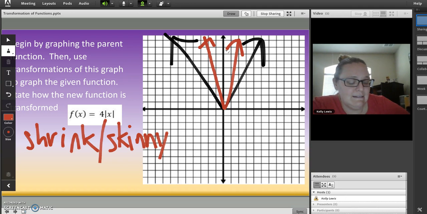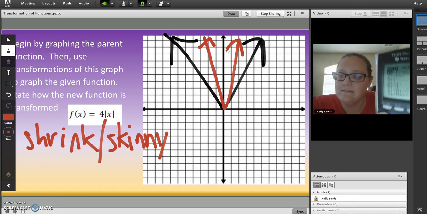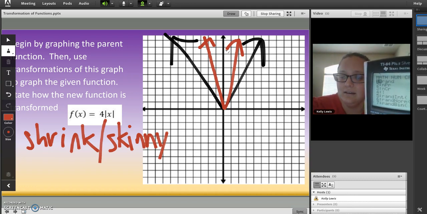Y equals, all right, to do absolute value on your buttons, you're going to click math. And then go over to CPX, go down to ABS, that means absolute value.